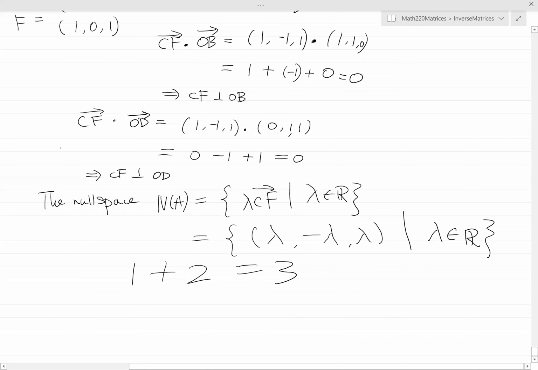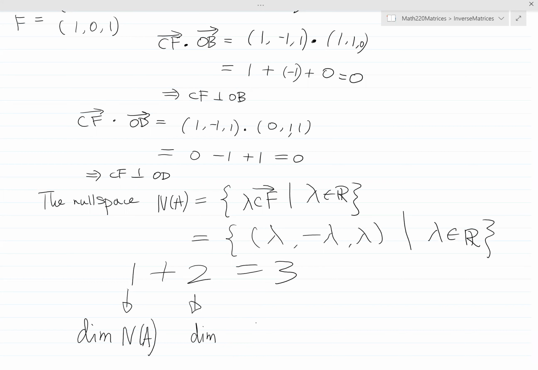So this is the dimension of the null space, and this is the dimension of the row space, the vector space spanned by the row vectors.